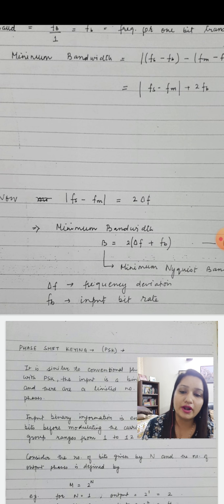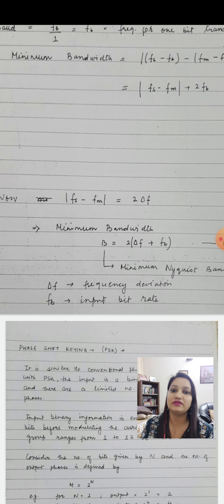The second thing that you should remember in all three cases is that according to the logic change in the modulating signal, whenever there is a binary 0 or binary 1, our carrier is going to change and the output is going to change accordingly.